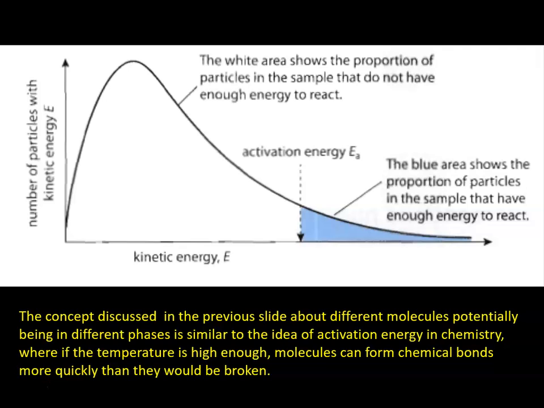Now, if your container is open, the ones that leave are the ones that have the highest kinetic energy. As a result, the average kinetic energy goes down. That's called evaporative cooling. And you can speed this process up by blowing air over your liquid.